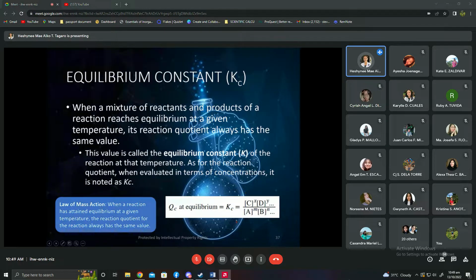Hence, they have the same expression. All right. So the equation is a mathematical statement of the law of mass action, defined as: when a reaction has attained equilibrium at a given temperature, the reaction quotient for the reaction always has the same value. All right, that is why Qc at equilibrium equals Kc.